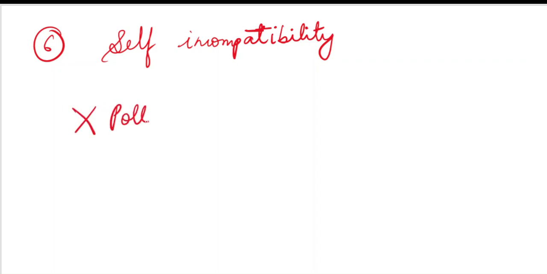This will occur due to some genetic issue. Because of that, the pollen is not able to germinate and the pollen tube is not formed, and hence there will be no pollination and no reproduction. So here, no pollen tube germination.